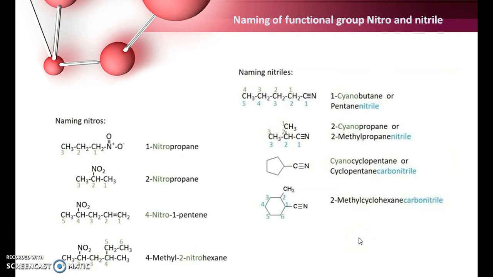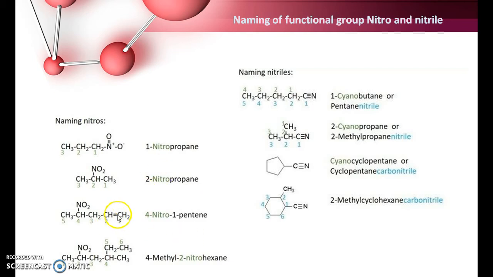Let us move into the next compounds called nitriles and nitro. How to name the nitro groups? So NO2 is nitro, the number of carbon is 3, so 1-nitropropane. Since the nitro group is attached to the second carbon atom, so 2-nitropropane. And here the functional groups are nitro as well as alkene. As we know, the alkene has to be given more preference when compared with the nitro unit.